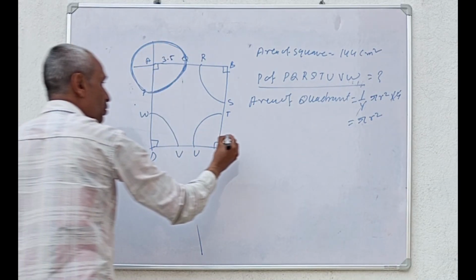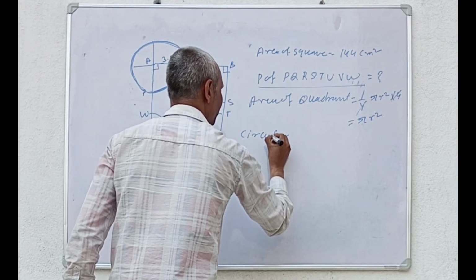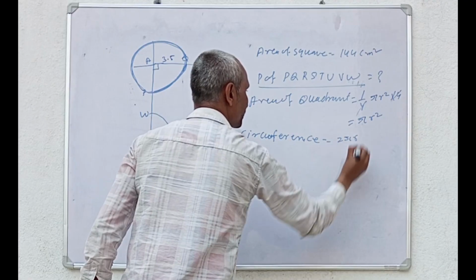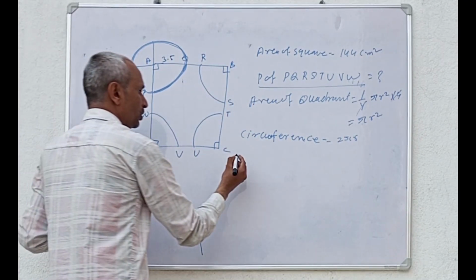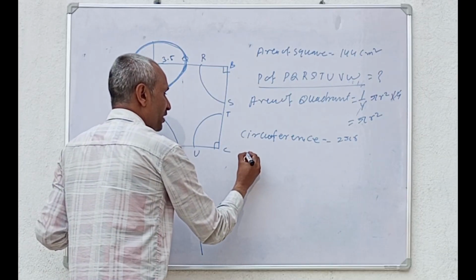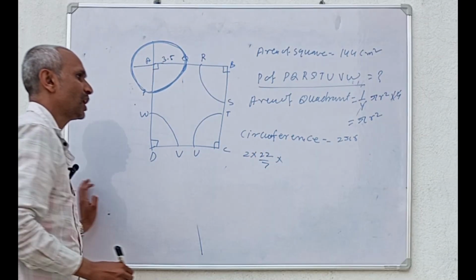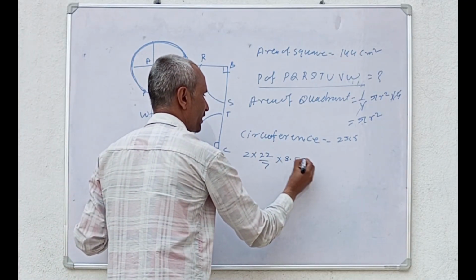So circumference of circle is equal to 2 pi r. 2 pi r and 4 are there. So total it will become, 2 into pi is equal to 22 by 7. R value, what is given in that? 3.5 is given.